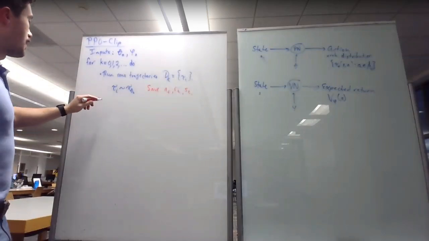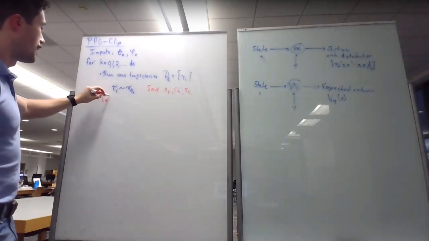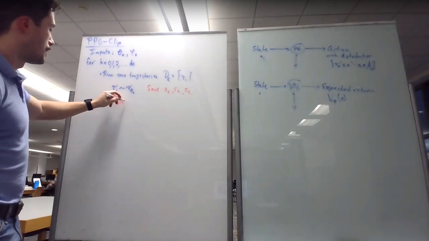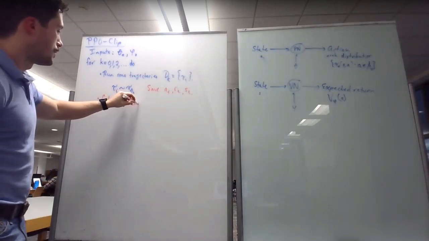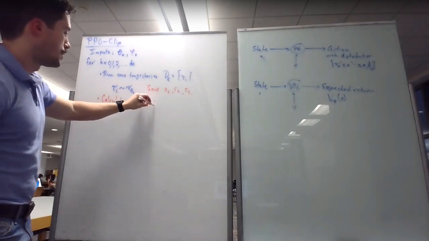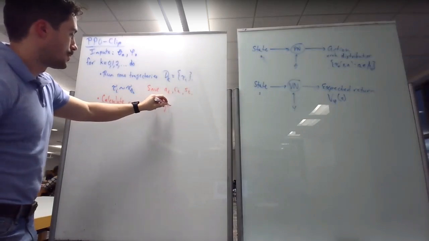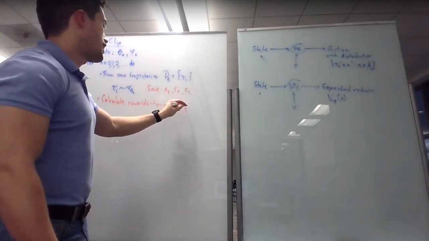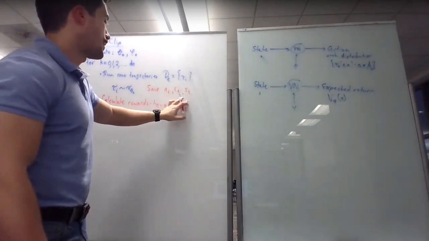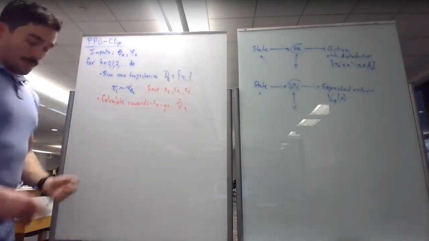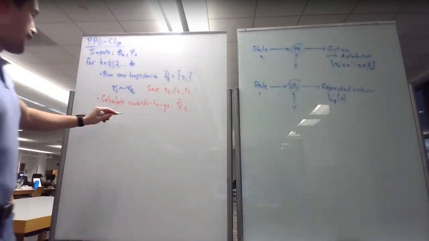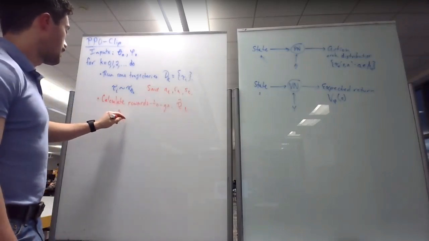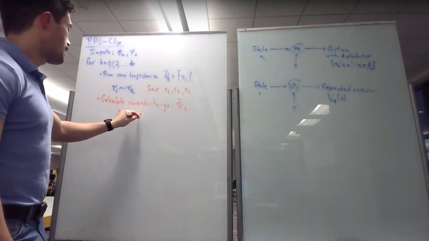So next, you calculate the rewards to go. So these are called R hat sub t super i. Again, we won't write that. So what this is, R hat sub t is the sum.